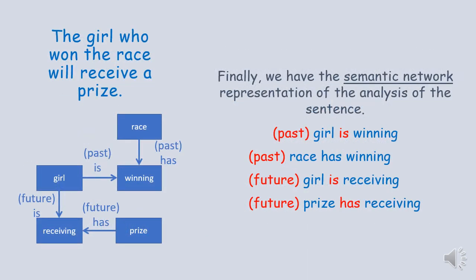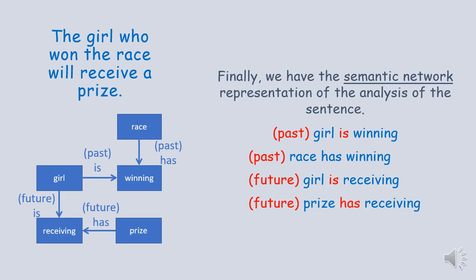Finally, we have the semantic network representation of the analysis of the sentence. And you can see in this representation that the link between girl and winning is flagged as being in the past.